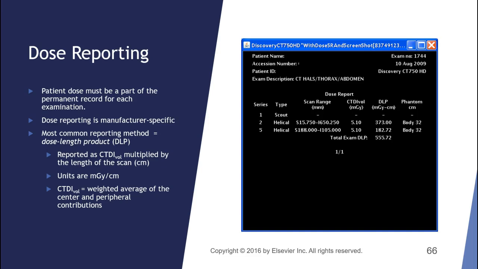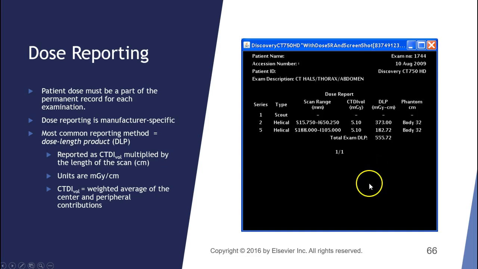The second helical scan was from S188, so they went higher, to I105, and that dose was 182 milligrams per centimeter, and that you see right here, okay? And then the total dose for this exam, 555.72.